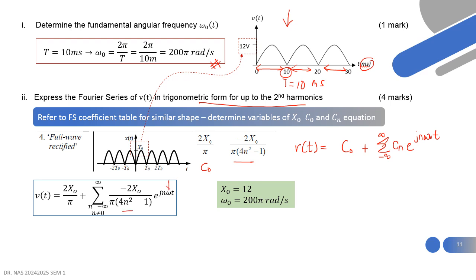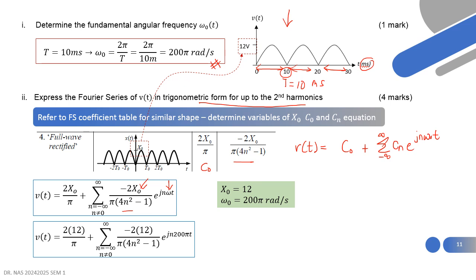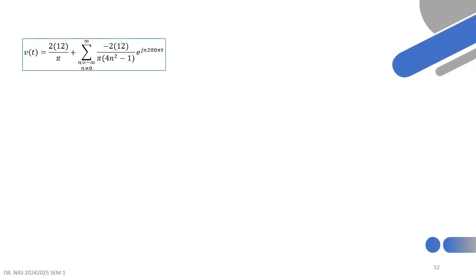So you can replace your omega with 200 pi radian per second. You can replace your x0 as well. Then you need to consider n equal to 0, 1, minus 1, 2, and minus 2. Okay, once you have the general equation, when you have replaced all the x0 and omega values, so this is your omega value and this is your x0 value.